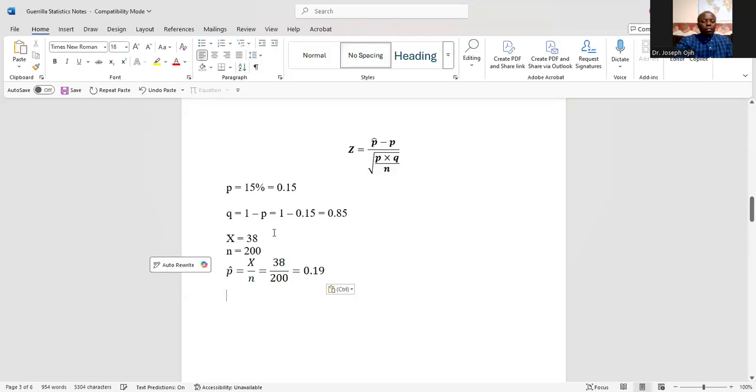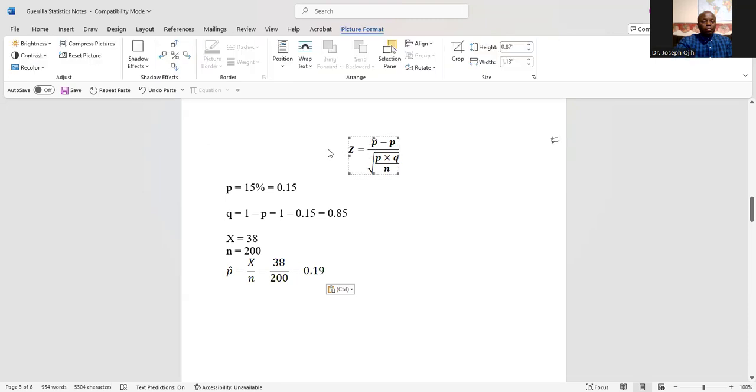Good. So we have everything we need. We have our P, we have our Q, we have our P hat, we have our N. So we can now apply this to this formula to run the test.